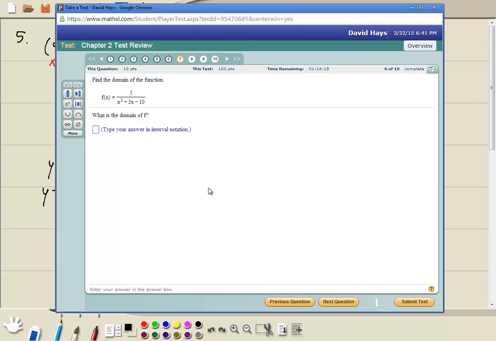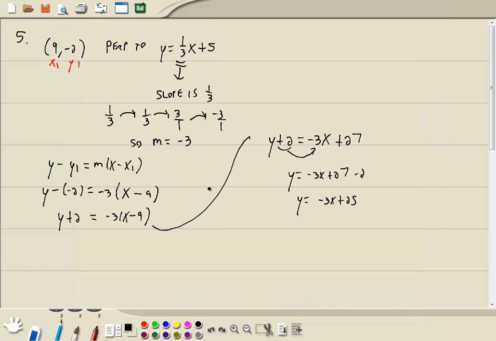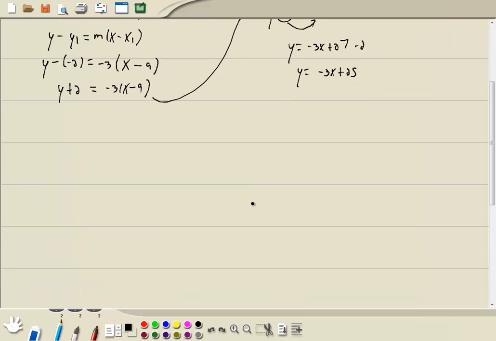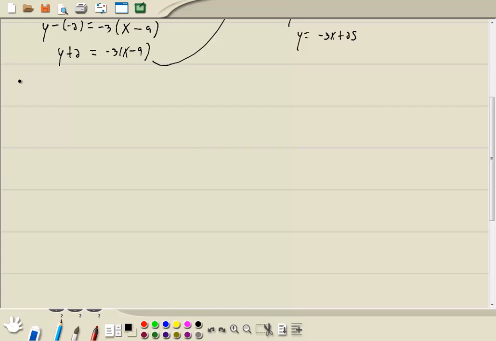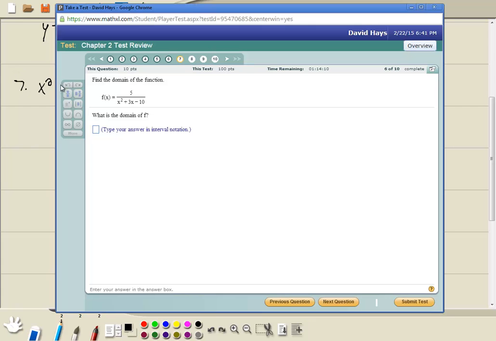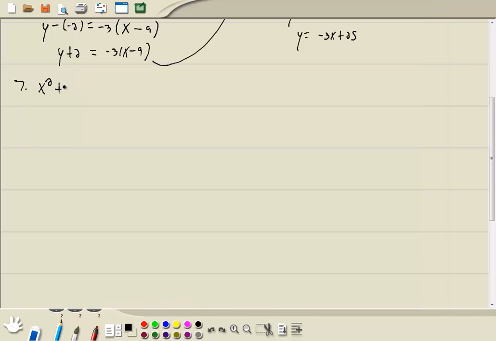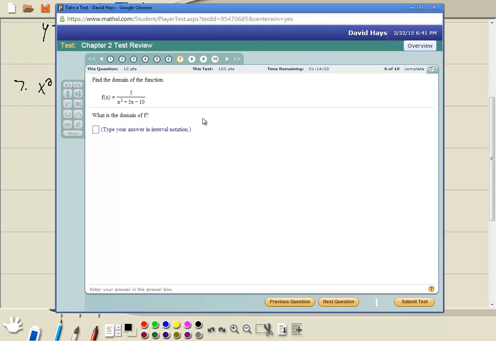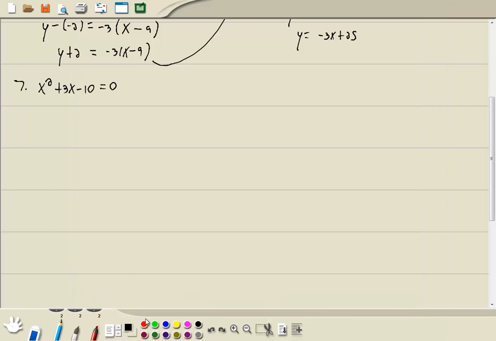Find the domain. Okay, so number 7. We got x squared plus 3x minus 10 equal to 0. Your first step in finding a domain when you got a fraction is to set your denominator equal to 0 and solve it. Well, this factors using the PSD method.